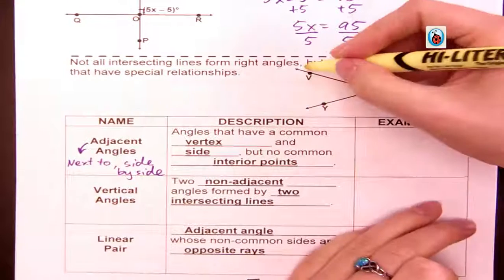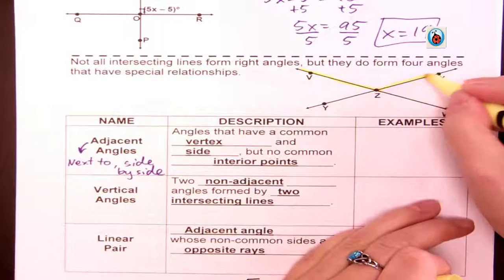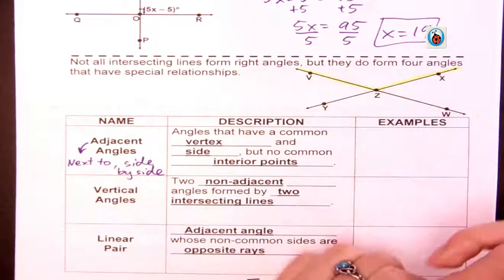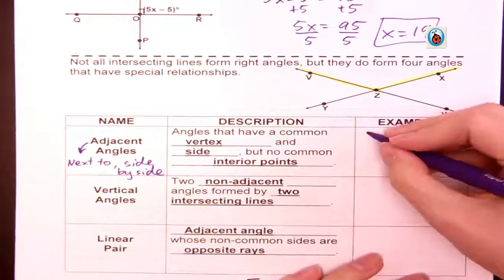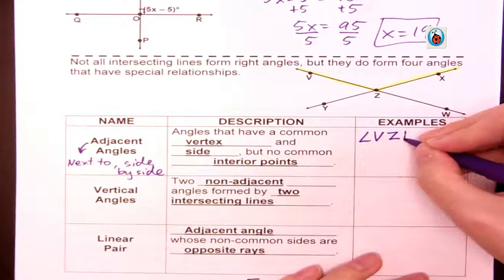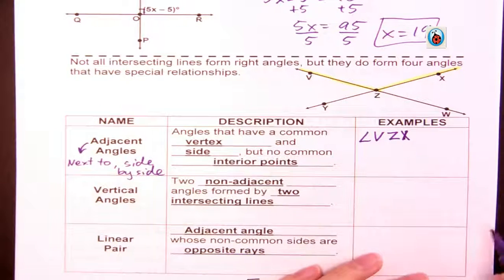So if I start with angle VZX, what's adjacent to VZX?